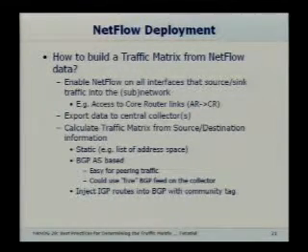Then, if I export it to my collector, I also need to figure out where this traffic is going to leave the network. So I need routing data or some kind of information, either from a static list. If traffic is going to a set of customers, you know what their address space is, and you could generate a list which says this address goes out of the network at that location.